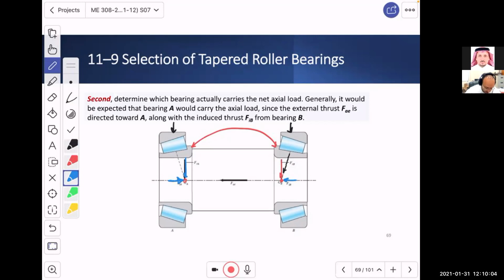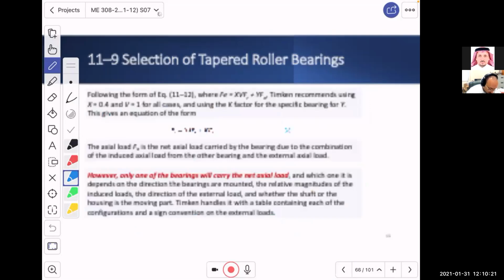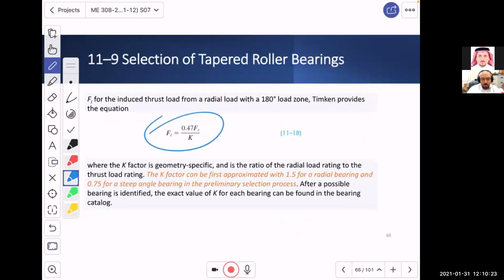All right, so what will happen now is this. We have two induced forces. This induced force is FIB, and this one is FIA. How do we calculate them? Just to remind you, we calculate these two forces by this equation, which says that Fi, so FIA, FIB, it doesn't matter, is the induced force.